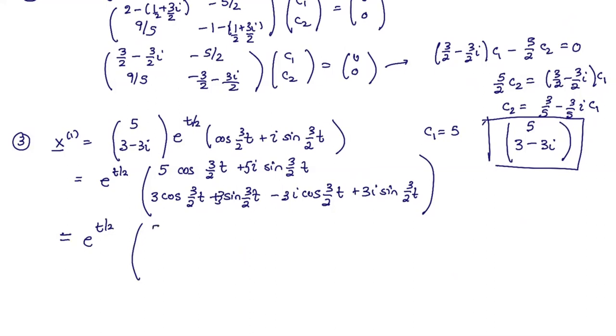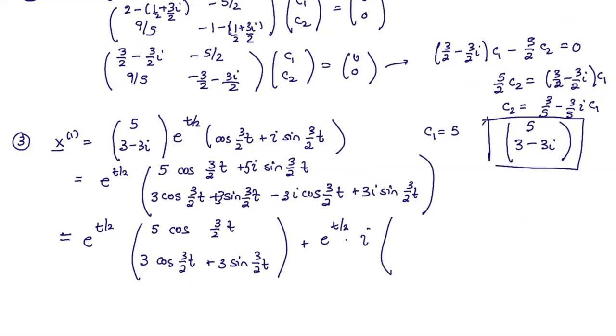And on the top, we're going to get 5 cosine of 3 over 2 t. And on the bottom, we're going to get 3 cosine of 3 over 2 t plus 3 sine of 3 over 2 t. And we'll get e to the t over 2 times i, 5 sine of 3 over 2 t, and minus 3 cosine of 3 over 2 t plus 3 sine of 3 over 2 t.